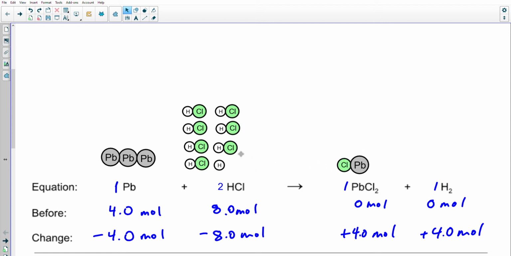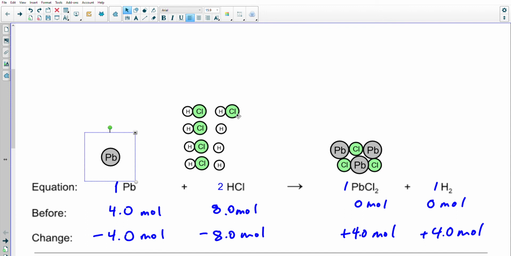the reactant atoms into product. So again, maybe I'll show the lead chloride something like this. I'm going to need 2 chlorine atoms for every lead.